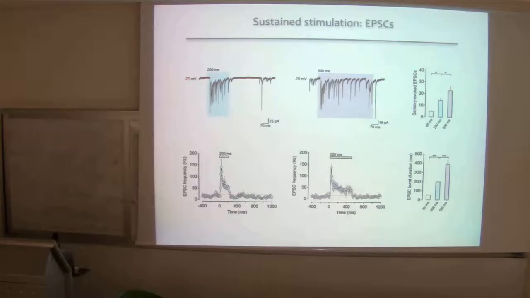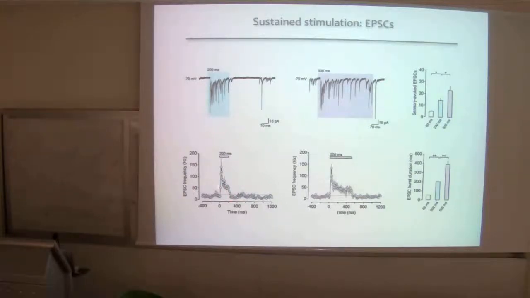So we did the same sort of experiments. This is in voltage clamp, so we're looking at mossy fiber transmission to granule cells, so these are EPSCs. We elongate the stimulus to 200 milliseconds, and what we see is a sustained, or at least an increase, in the number of EPSCs, and you can increase that further to 500 milliseconds. But getting back to the discussion from before, if you look at the frequency profile of the input, at 60 milliseconds, which I'm showing here, you get this curve that comes straight back down to baseline.